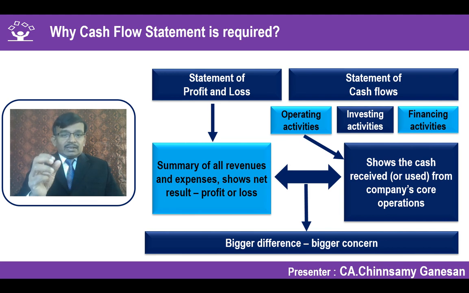So the gap between the profit and loss account and the net cash generated from the operating activities of an entity is an important consideration for anybody who is analyzing the financial statements of an entity. Only the cash flow statement can show this gap. If you only have a profit and loss account, we may have a situation where the company still shows a profit but does not actually have the required cash flows for its regular operations.